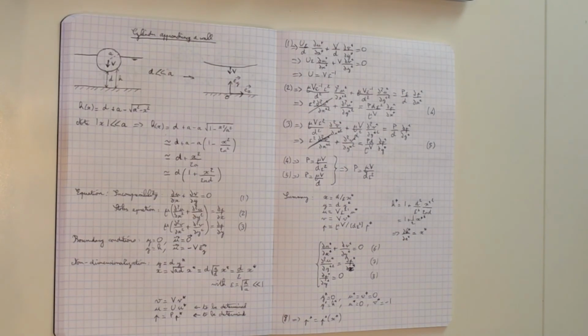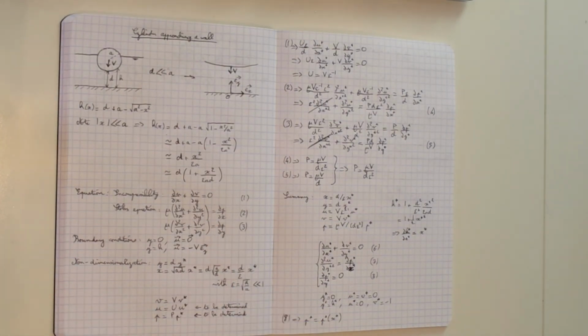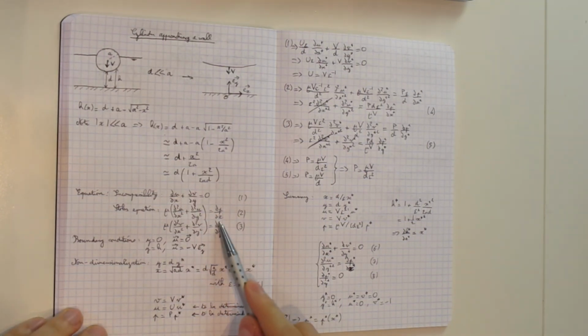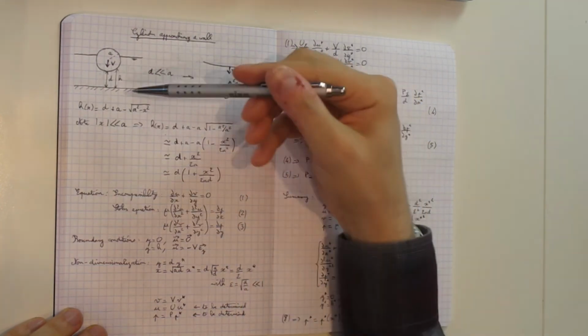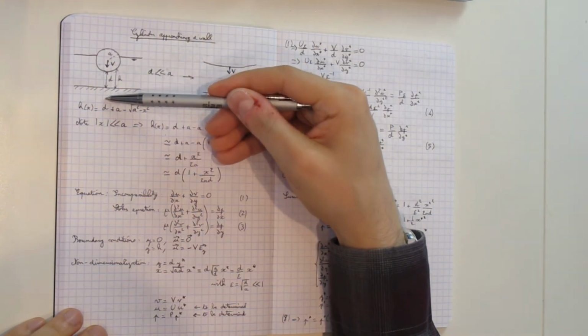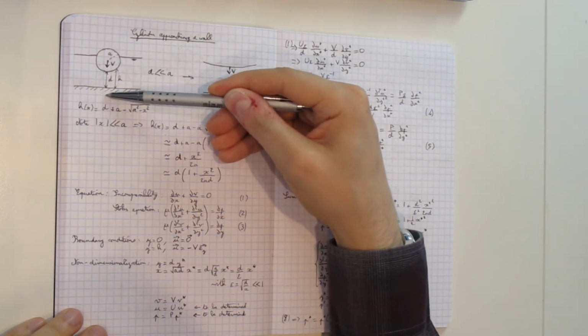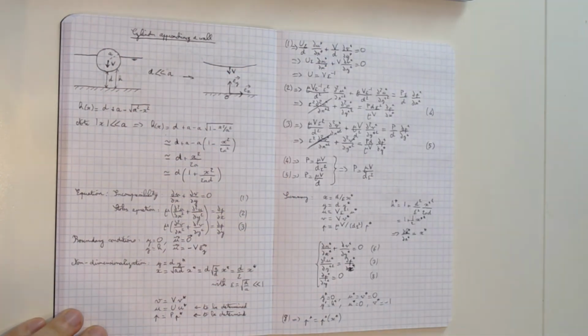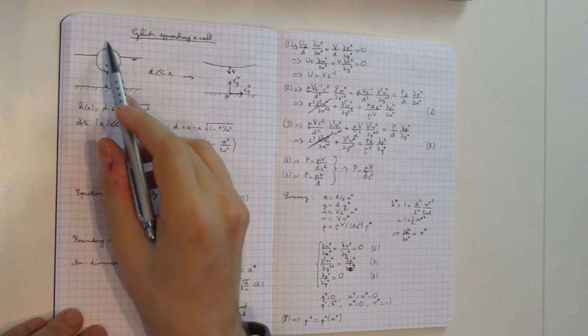And what dp by dx is, it's a forcing term, right? If you think about the Navier-Stokes equation, or if you think of this equation, it's the right-hand side that forces the flow, right? Because our configuration is symmetric with respect to the x equals 0 axis, there has to be a zero net force in the x direction at this point. And therefore the pressure gradient has to vanish at this point.